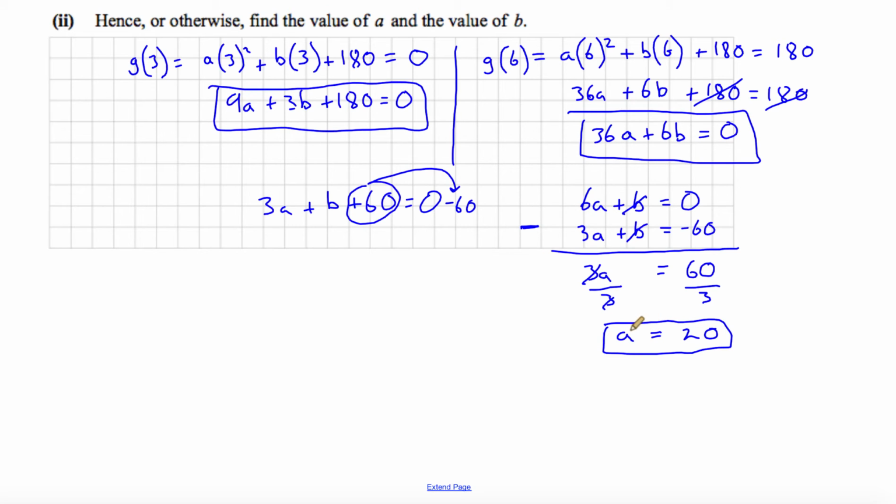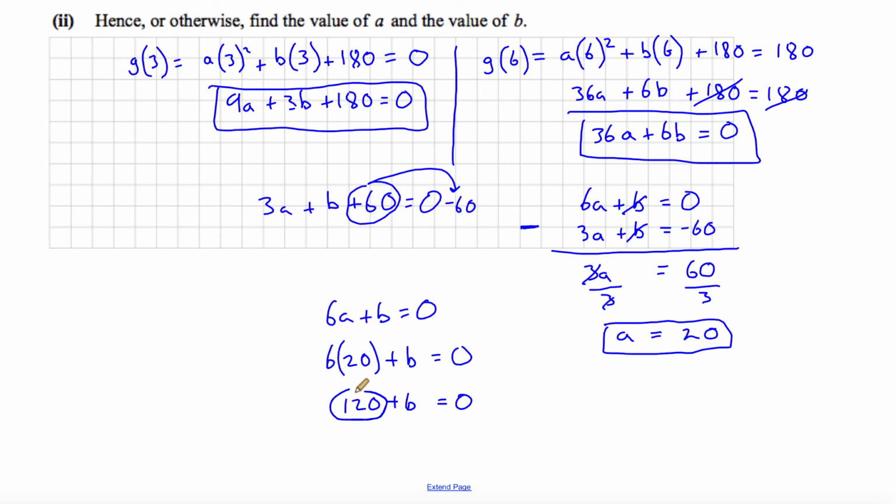Now I'm going to substitute that back into an easier equation, this one: 6a plus b is 0. I'm going to sub in the 20 for the a, so 6 by 20 plus b is 0. 6 by 20 is 120, plus b is 0.